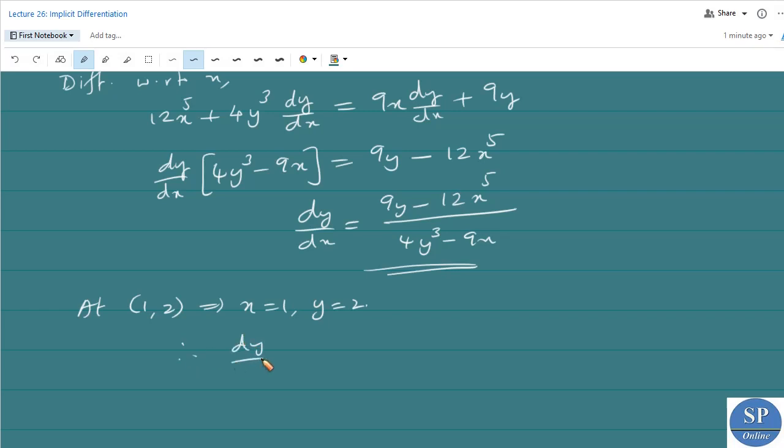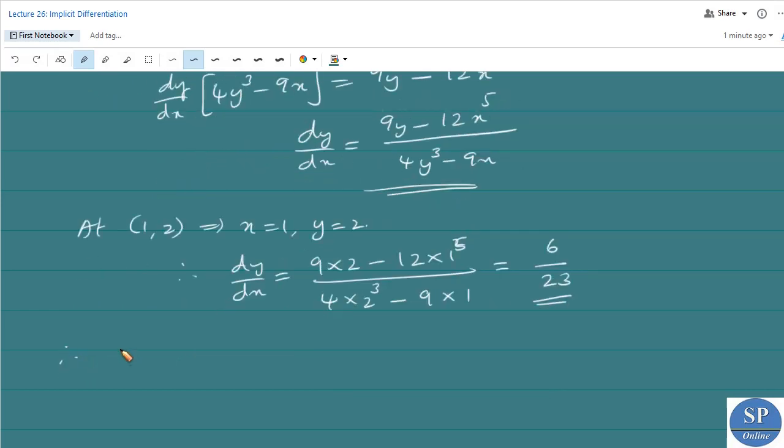Therefore, dy by dx is equal to 9 into 2 minus 12 into 1 power 5 divided by 4y cube, that is 4 into 2 cube, minus 9 into x, that is 1. So this is equal to 18 minus 12, that is 6, divided by 4 into 8, that is 32, minus 9, that is 23. So the derivative at this point 1 comma 2 is 6 by 23.